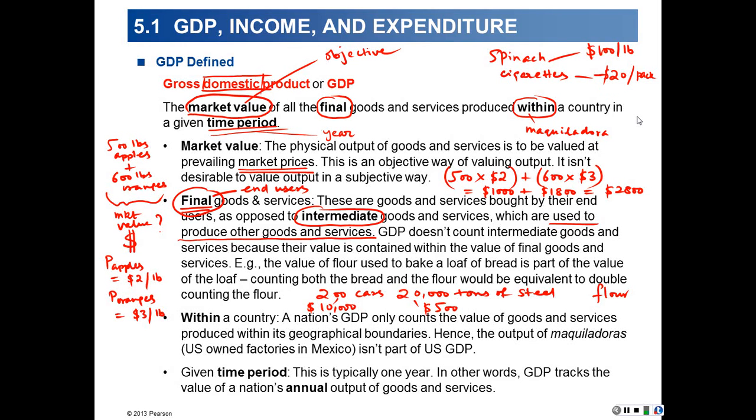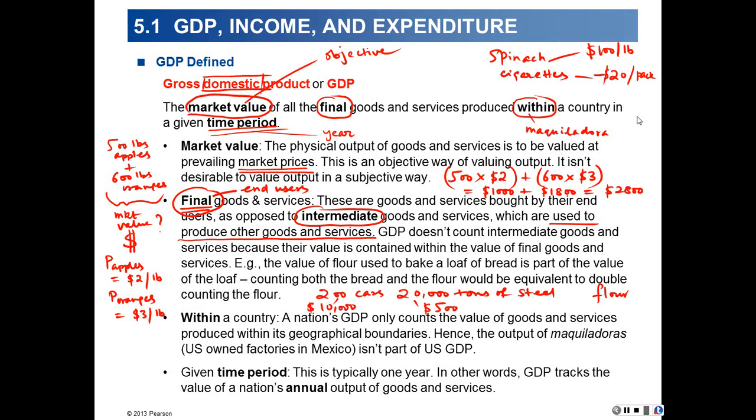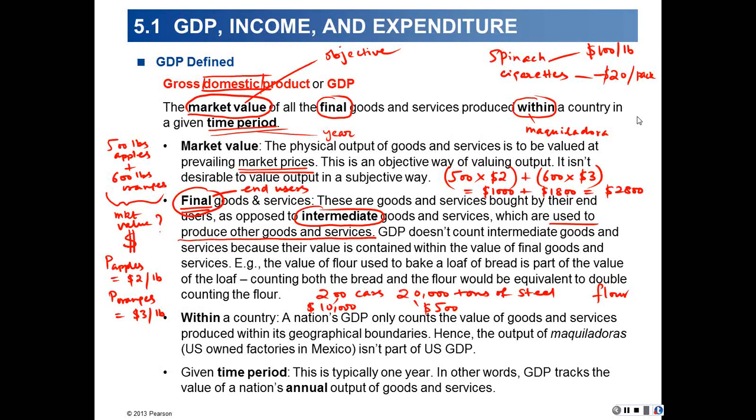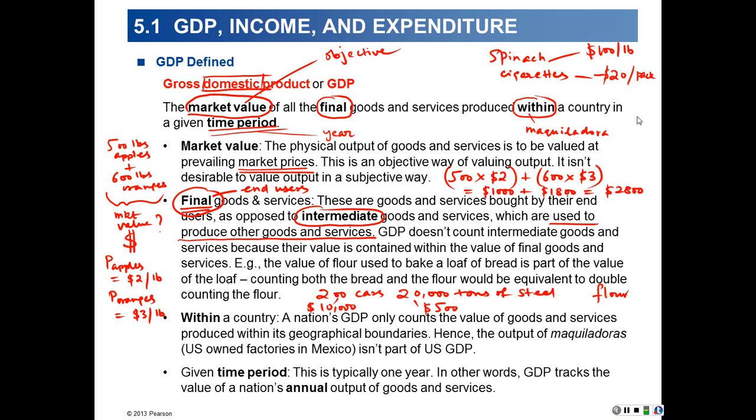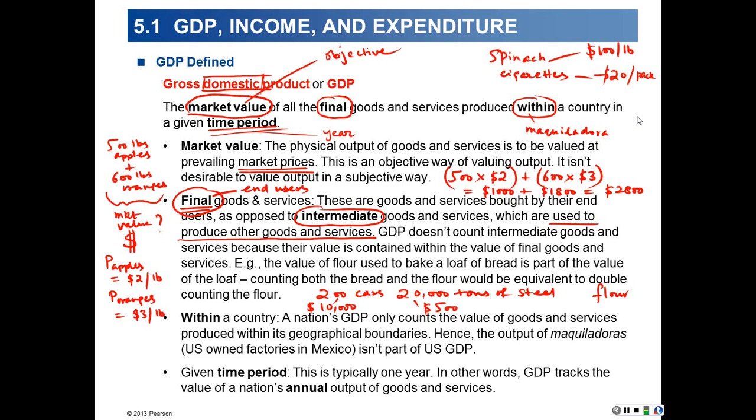If a bakery tells you that they have baked 2,000 loaves, you wouldn't know what to make of it unless you had time with it, you see. If it was 2,000 loaves in a year, that would make it a very small bakery. On the other hand, if it was 2,000 loaves a day, that would be a fairly large bakery, correct? So you have to have time involved, right?